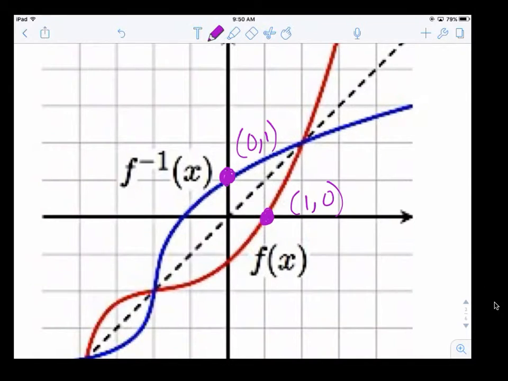Now, you see it's a reflection. And what's this dotted line going through the middle? y equals x. So anytime you have a graph of an original function, you can just flip it over that line, and that'll help you get the graph of the inverse function.